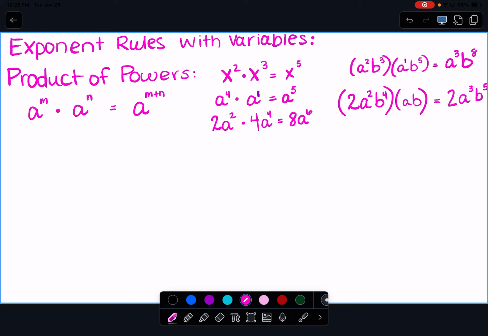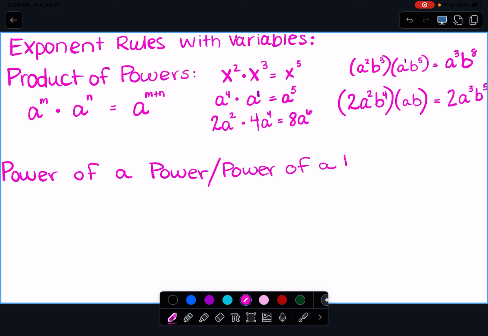And now below that, we're going to do power of a power. And as we do power of a power, we are also going to look at power of a product, just because these are very, very similar.